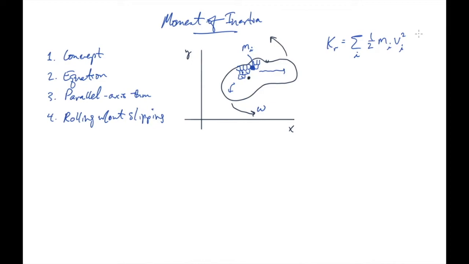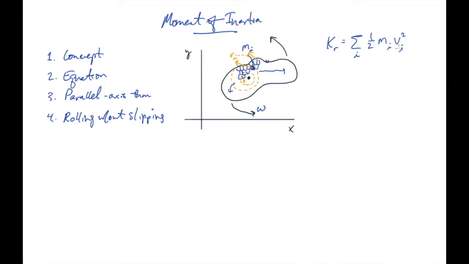Because this object is rotating, the velocity vectors are all going to be in the tangential direction. So there is the velocity of that little piece. This little piece here is going to have a velocity this way. This one will have a velocity over here. Every single one of these little rectangles is going to trace out a circle, and all of their velocities are equal to the tangential velocity that we talked about before.